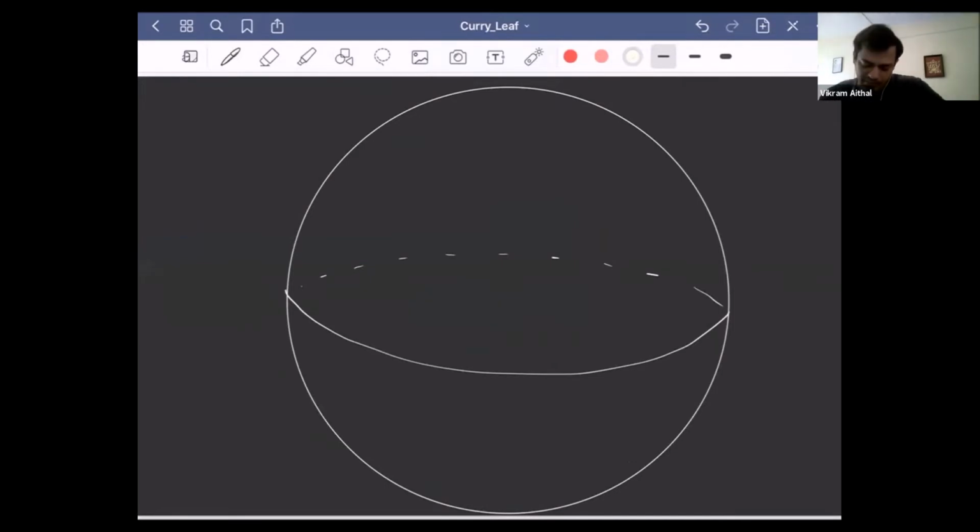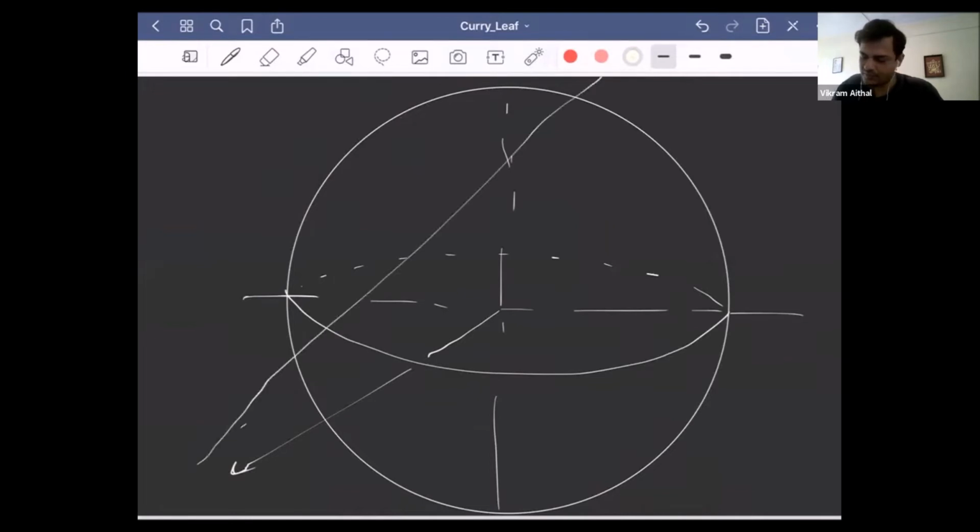I take a plane passing through the origin. So this is my X, Y, and Z axes. And I take some plane passing through the origin, and I look at the intersection of this plane with this.